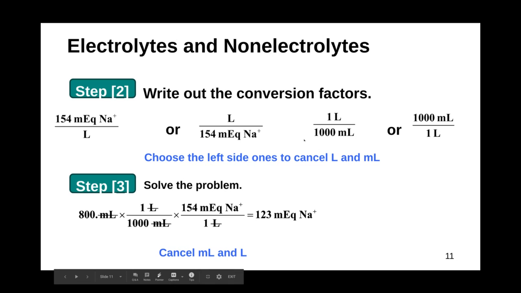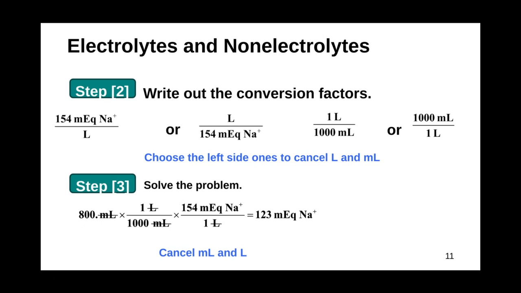We choose this factor because milliliters here cancels milliliters here, leaving us with 800 milliliters times 1 liter over 1,000 milliliters, thus canceling milliliters, leaving us liters here, canceling the liters here. So we end up getting basically 0.8 times 154 mEq sodium. Math tells us we cancel out liters and milliliters, leaving us simply 123 mEq of sodium.